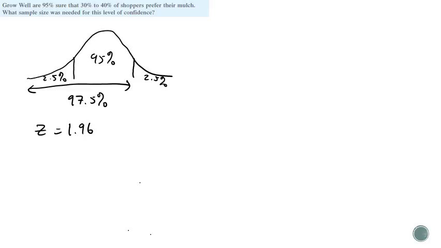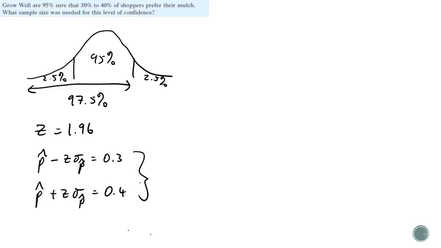Then, if you want 30 to 40%, you then must have p hat to be halfway, because remember p hat minus z sigma gives us 30%, and p hat plus z sigma gives us 40%.